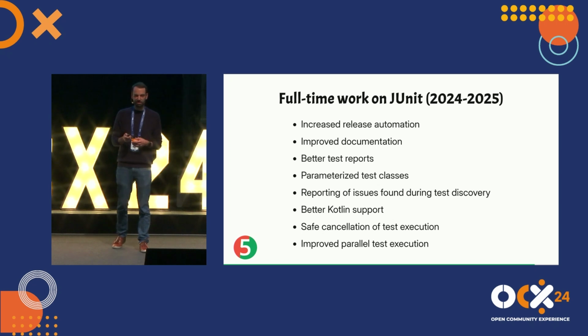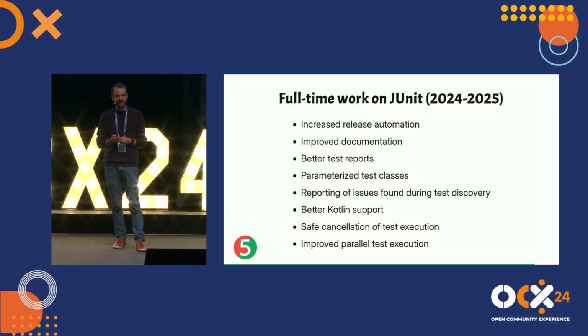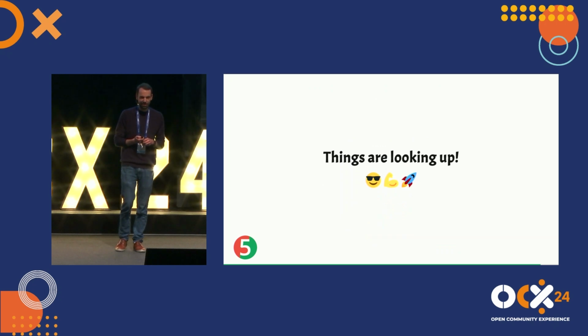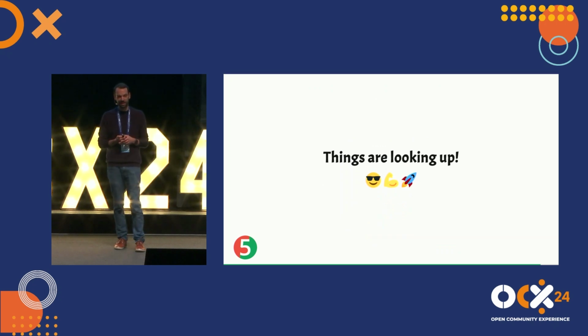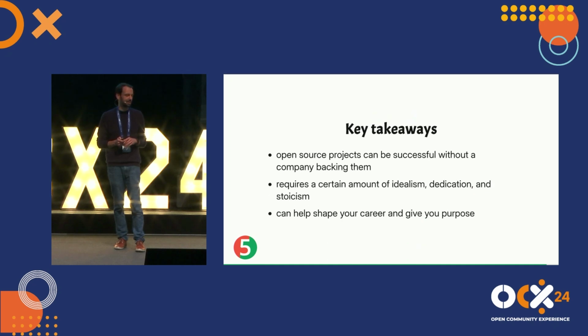So that was a big thing, that we got this funding, or this investment. I started on this in September, and so far it's going pretty well. I'm really happy about that. Things are looking up, and this is a good time to be working on JUnit.